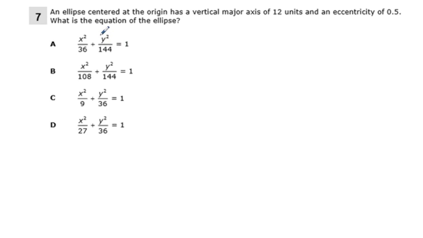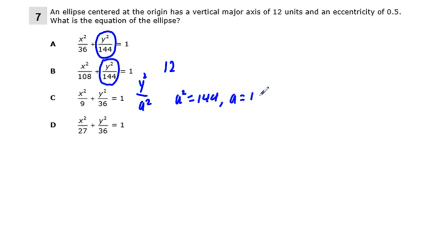Well, vertical major axis is going to occur with the y term here. And if we have 12, this is going to be the form y squared over a squared. And so if we have a squared equals 144, then a is equal to 12.